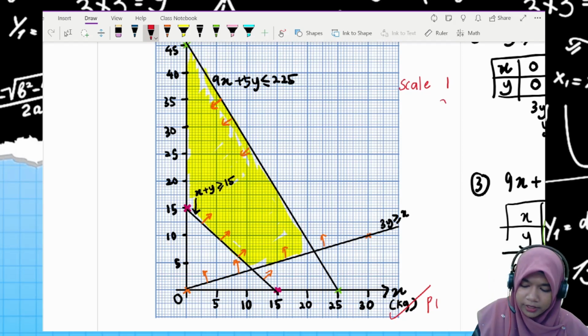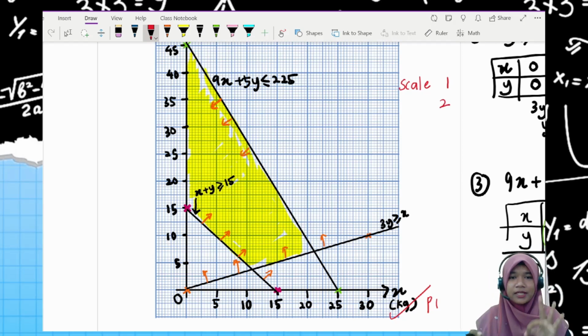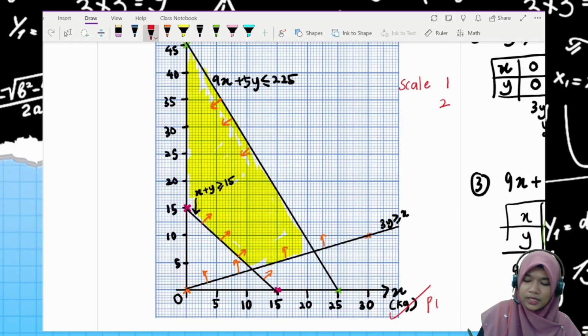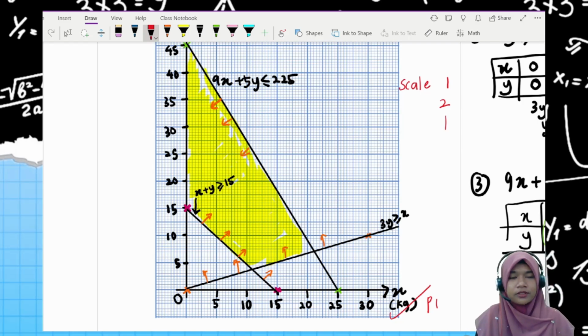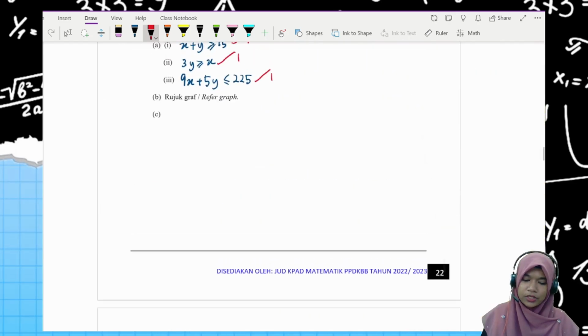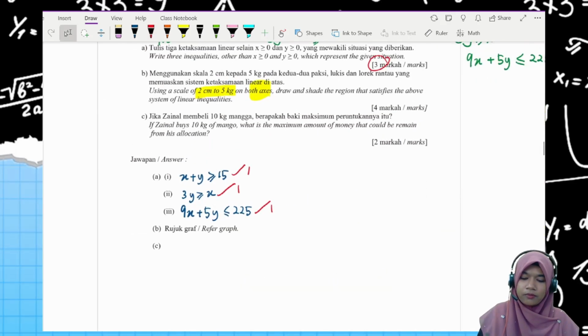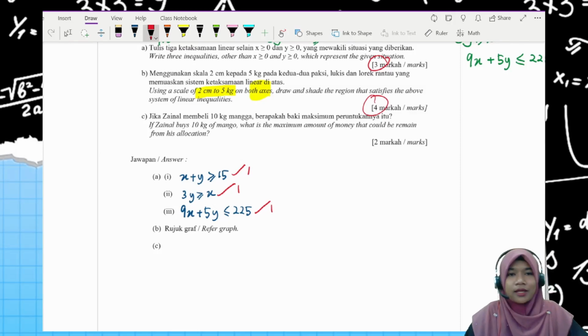You will get 2 marks when you draw the 3 lines correctly. Let's say you just correctly draw 2 lines, you will get 1 mark. And another 1 mark is for the shaded region. You correctly shade the region that satisfies the inequalities. So you get 4 marks when you draw correctly the graph and shade the region correctly.